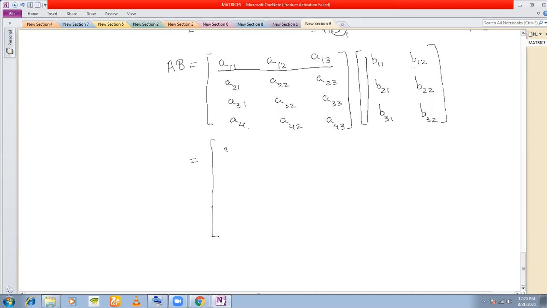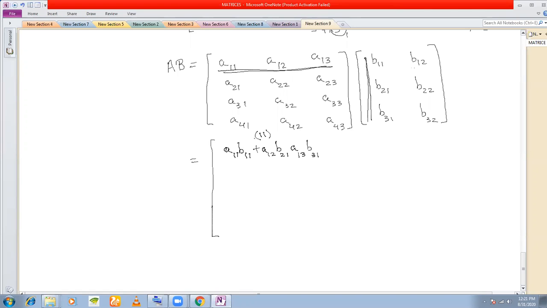So we multiply A11 into B11 plus A12 into B21 plus A13 into B31, which gives the first row first column element.